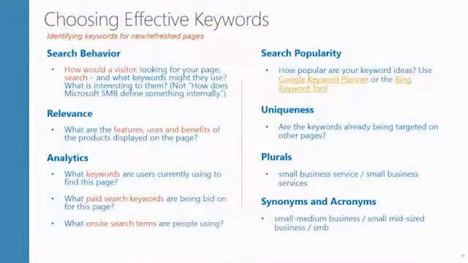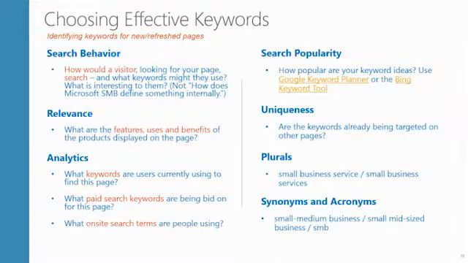A great way to do that is choosing effective keywords. Think through a visitor, not from an internal perspective, but how a potential customer would actually search and where you would want to be discovered. There are a lot of really great keyword planners available, and some keyword tools are free.